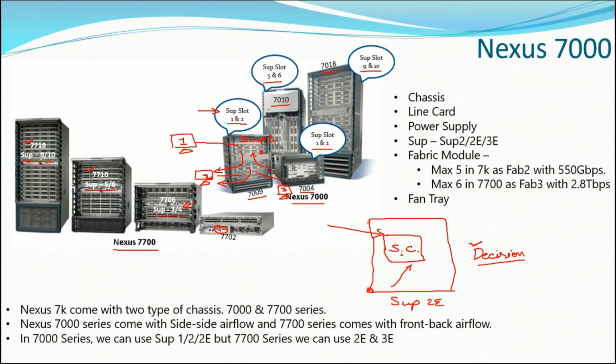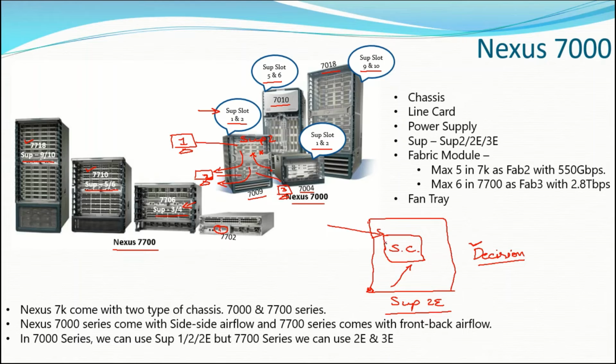So what is the system controller? The system controller is the assistant of the supervisor engine. It's a storage-based memory. Whatever decision the supervisor engine has taken is stored in the local memory in the system controller.